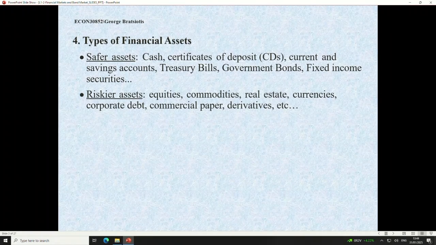These are safer assets. And then we move to riskier assets: equities, shares, commodities, real estate.